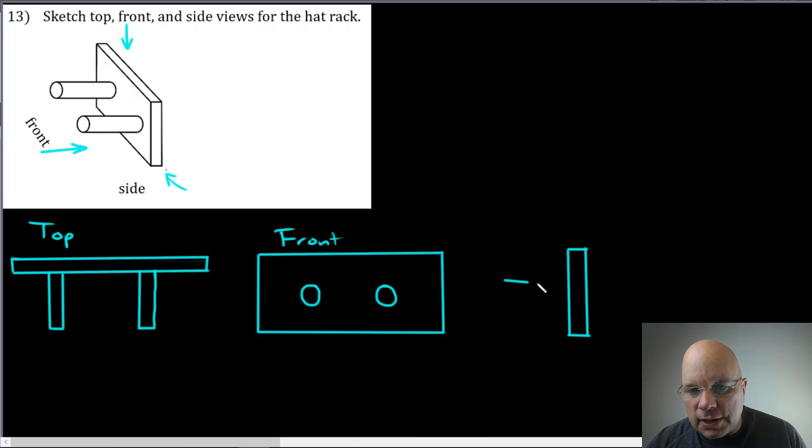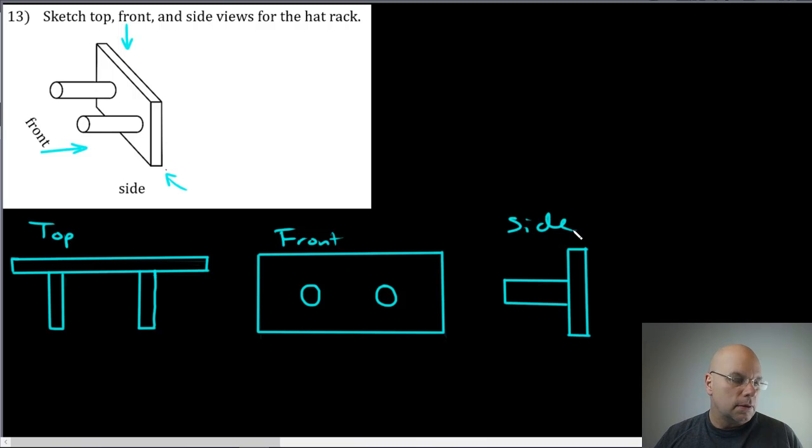You'd see one of those sticking out, and it would, again, from that view, look like a rectangle. You wouldn't know that there's a circular face from this side view, only from the front view. So I think the side view would look something like this. Okay.